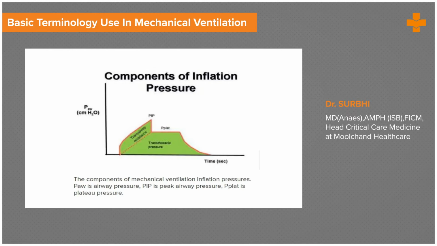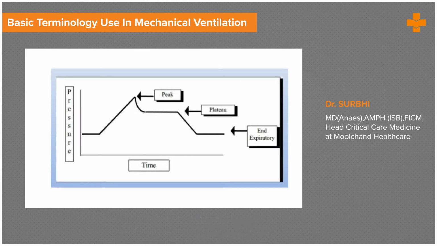And the plateau pressure is more important because it remains in the lung for a longer time, and it is the alveolar or transthoracic pressure. This is the peak inspiratory pressure. The plateau pressure is measured at the end of inspiration, and then you have the end expiratory or PEEP pressure.